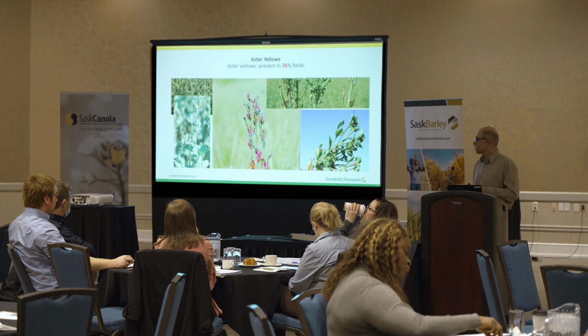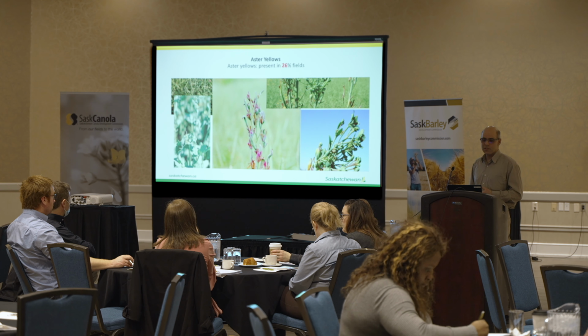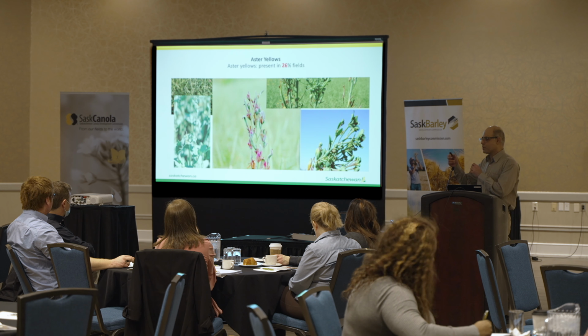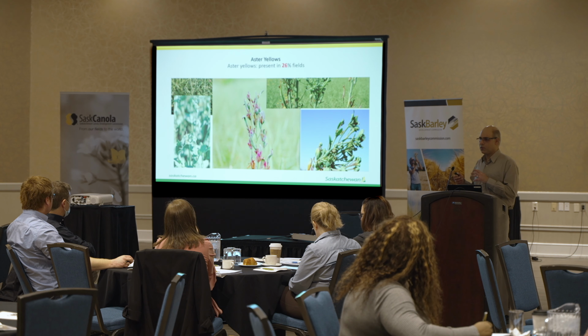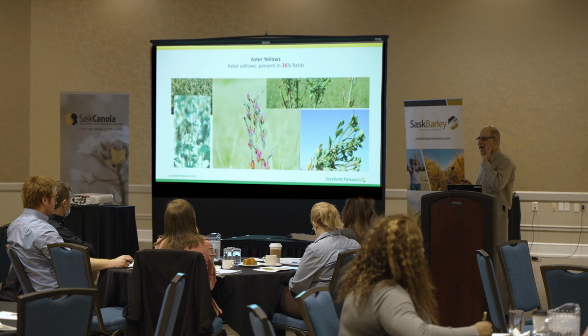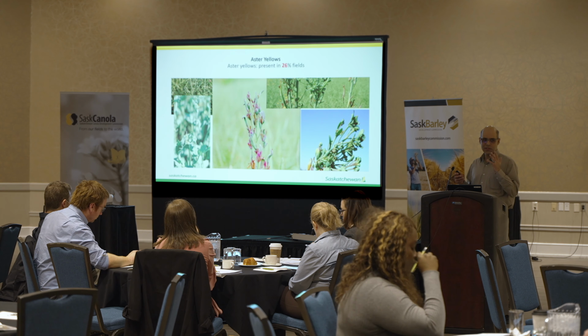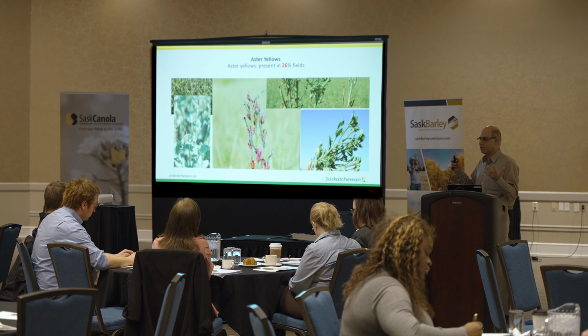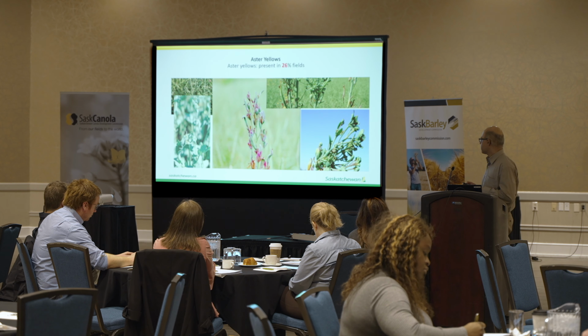We touched quickly on clubroot later, but we also have other diseases like aster yellows. If you see pods that don't look like pods anymore, that are oval and bladder-like, that's an indication of aster yellows, which is a phytoplasma, a kind of prokaryotic organism.